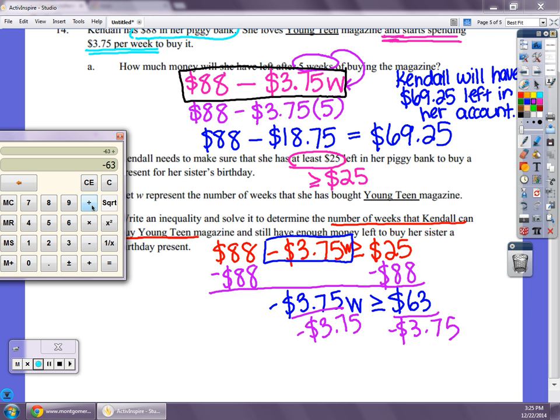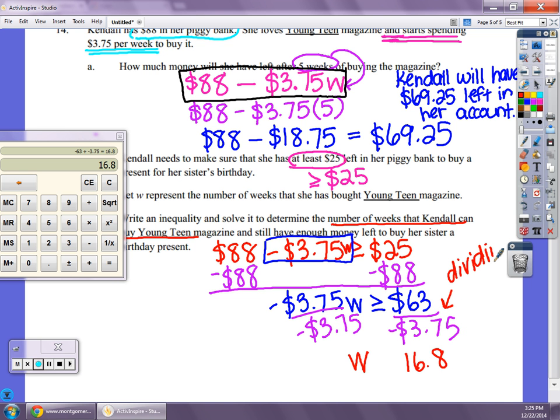Negative 63 divided by negative 3.75. And we're left with W and 16.8. And again, we divided by a negative. And what's that rule again? That's right, we have to flip the sign. So it's actually going to be W is less than or equal to 16.8, which really makes sense if you think about it.